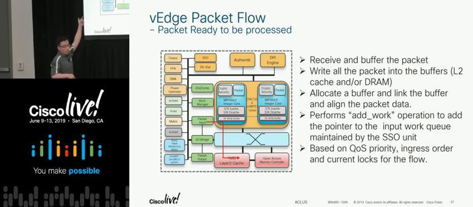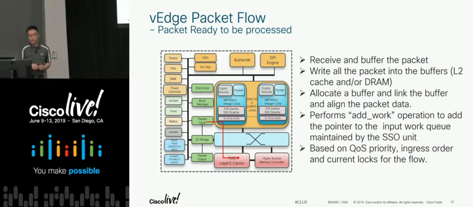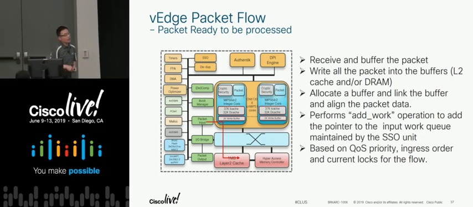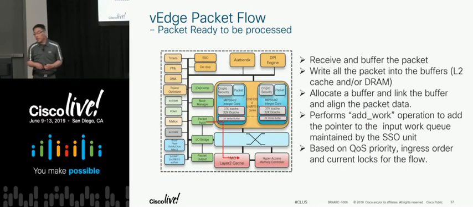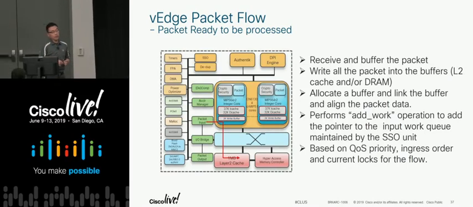The FPA unit is going to allocate a buffer and then link the buffer and align the packet data in the memories. The packet input processor is going to perform an add work operation to add a pointer to the input work queue that's maintained by the SSO unit.